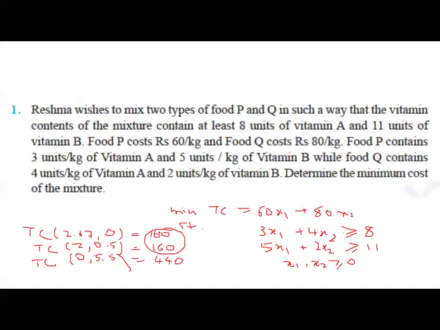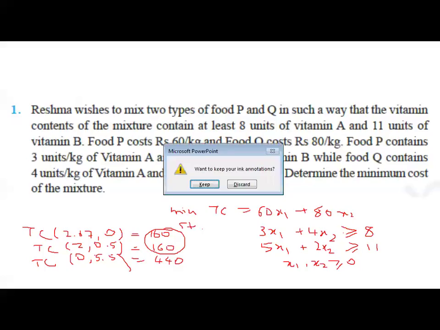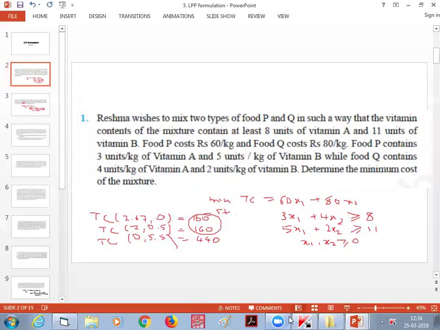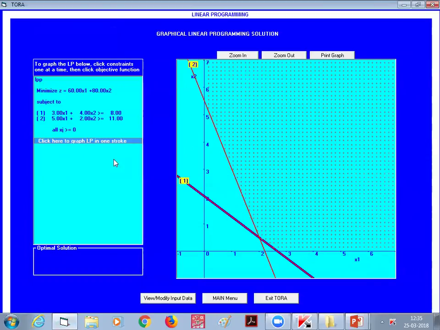In fact, if we look at the solution here, when we do this, you'll see that the isocost line coincides with this.